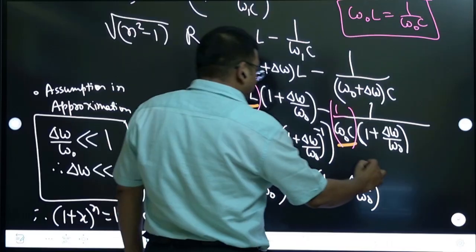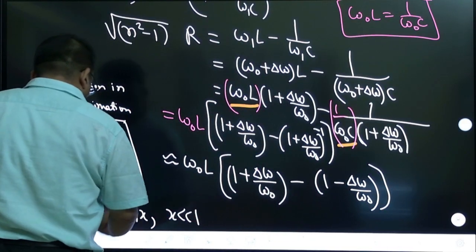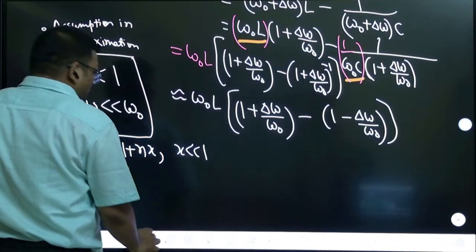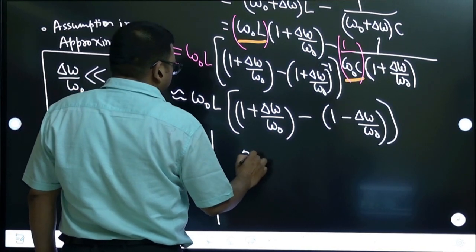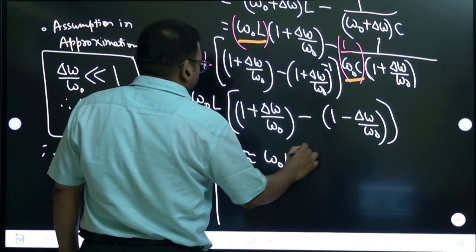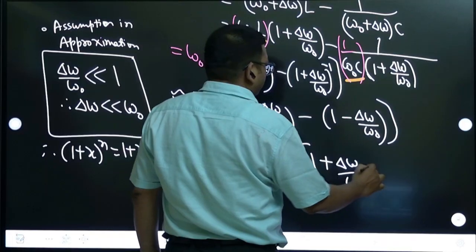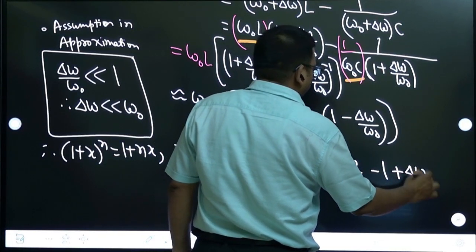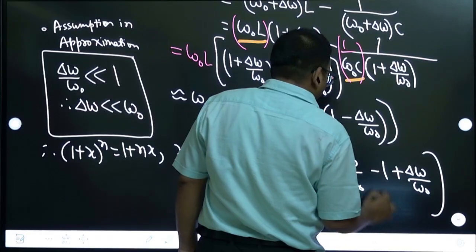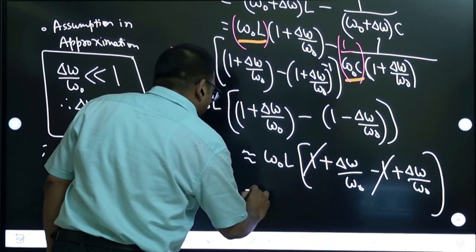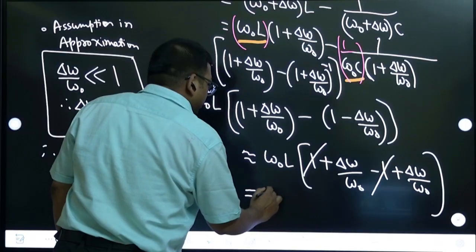Now open the brackets and check. You are getting omega naught L, open that, 1 plus delta omega by omega naught minus 1 plus delta omega by omega naught. So you are going to cancel the 1. Let us just write equality now.